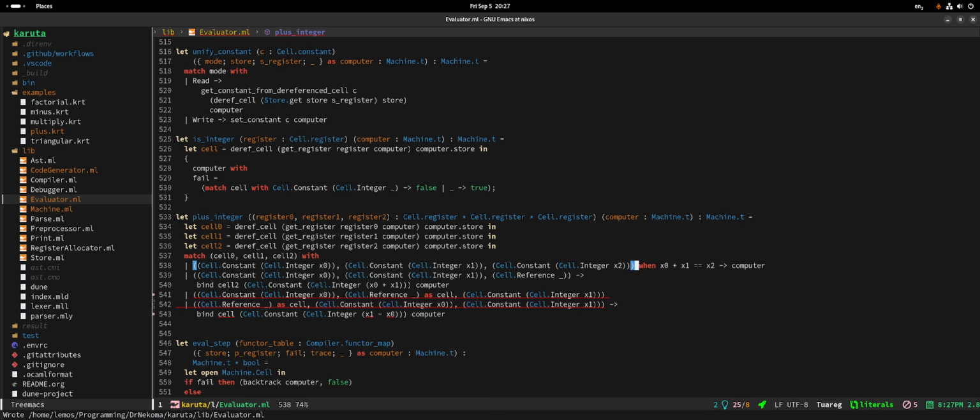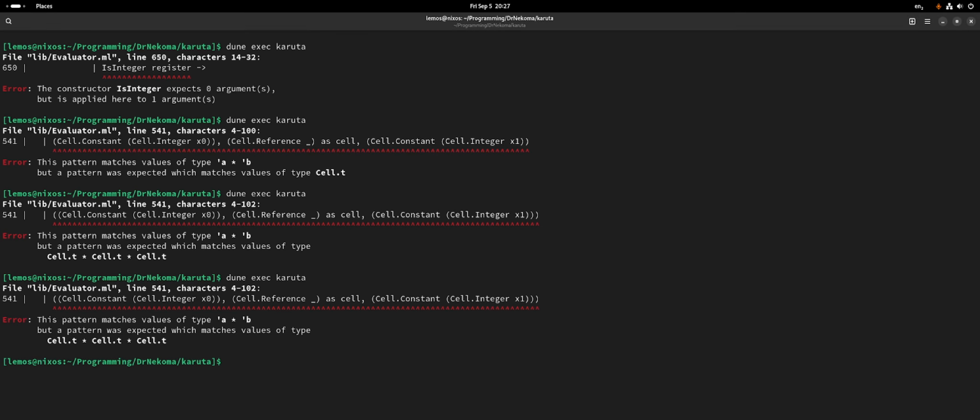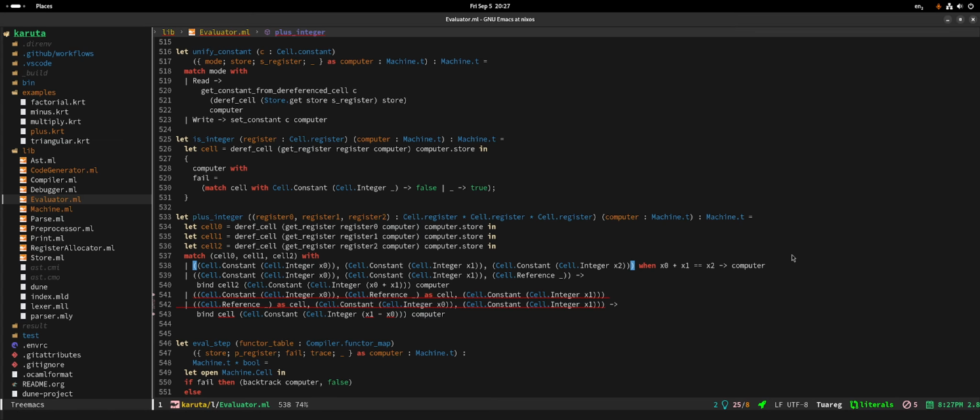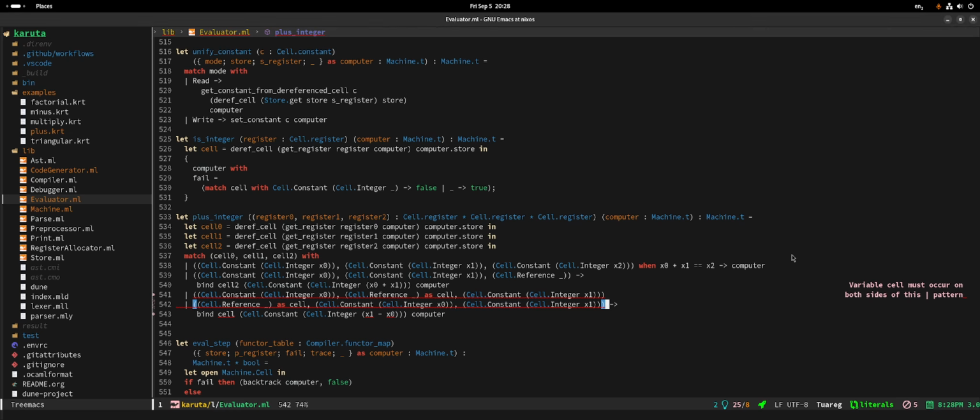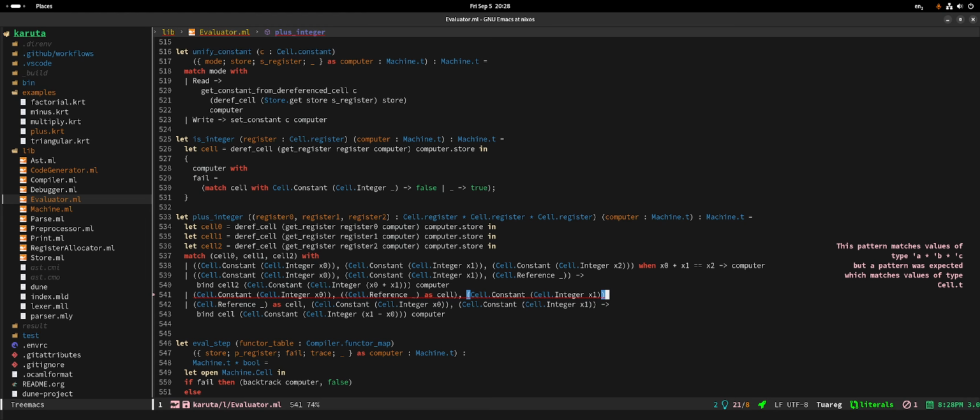I think you have an extra close parenthesis, or no, you don't. It looks terrible. Maybe put parentheses around the alias binding with the as cell. Do you mean like this? That's actually very weird. Do I need the extra parentheses now, though? That's a very good question. No? No. Yes, I do. That's bizarre.